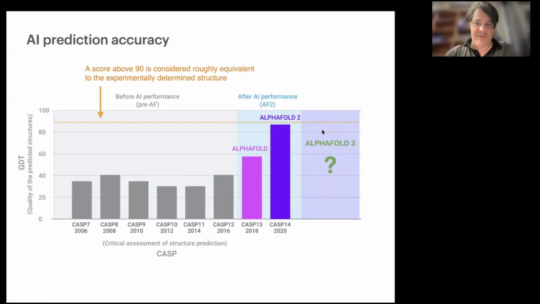And now we have AlphaFold 3, but I couldn't find what the results are, because they are keeping things closed source. And those CASP competitions are no longer active as far as I know. So I think AlphaFold 3 is relatively new.